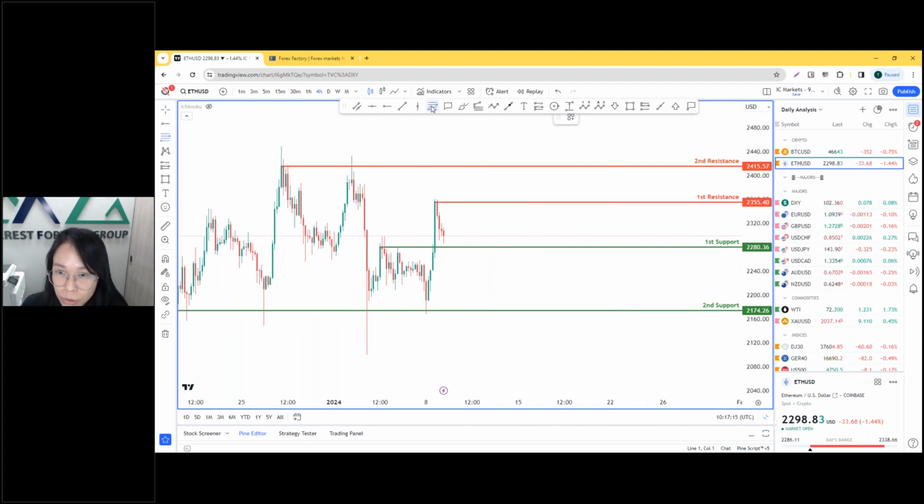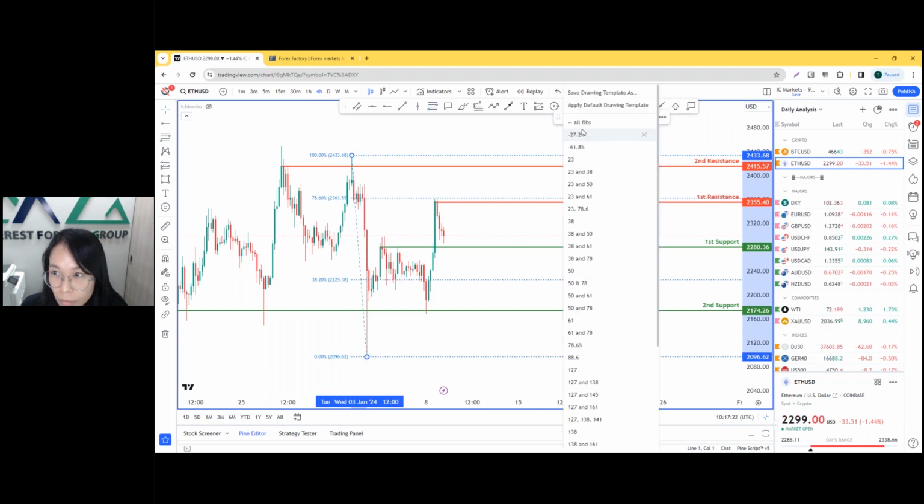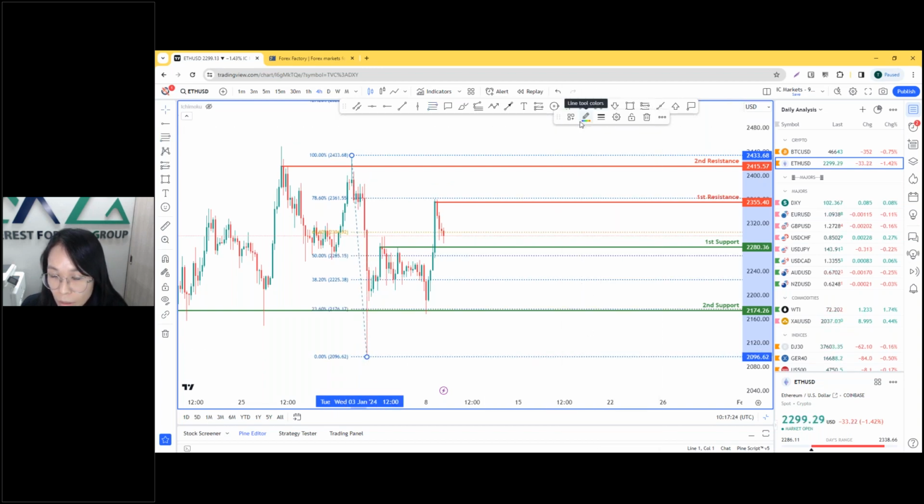We could also draw a retracement. So the 78.6 retracement is still valid and it aligns with the first resistance, hence making it a strong level of resistance, where you can see that price has reversed off.